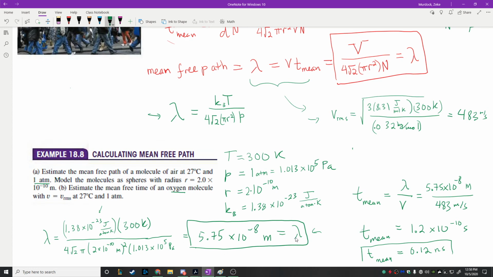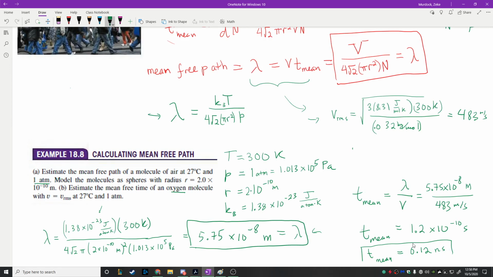They're pretty clumped together from our perspective, but from the perspective of an individual molecule, there's still a lot of distance between them, because it's about a factor of 100 difference between the radius of the molecule and how far apart they are.